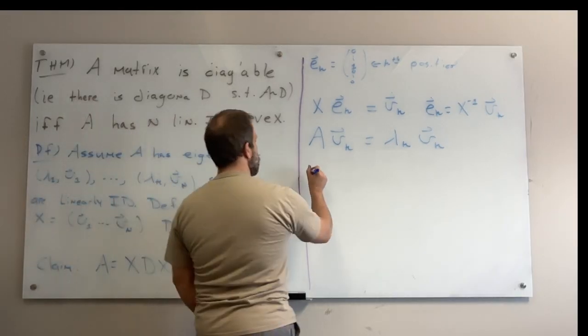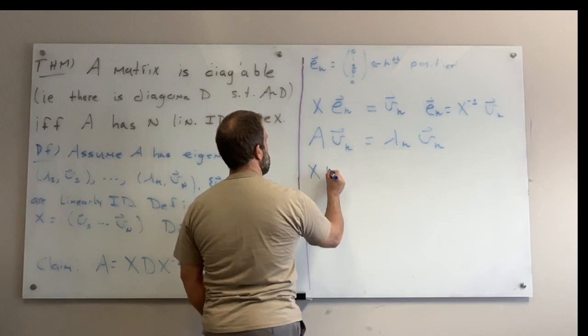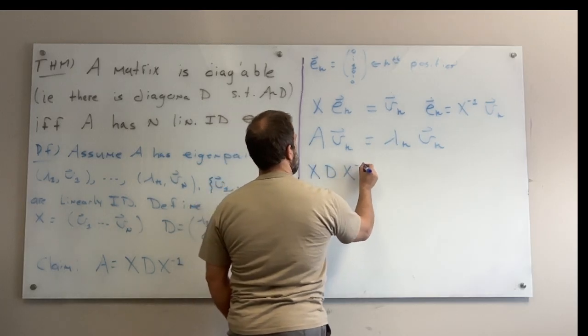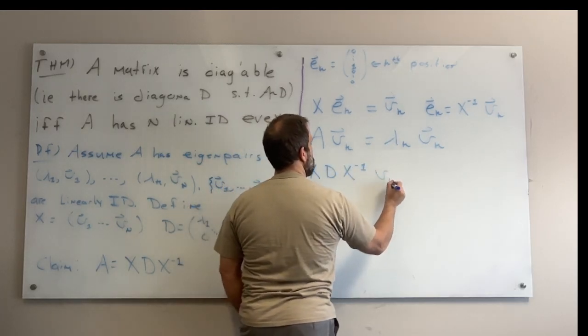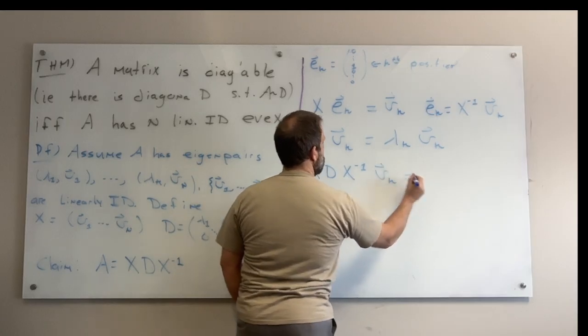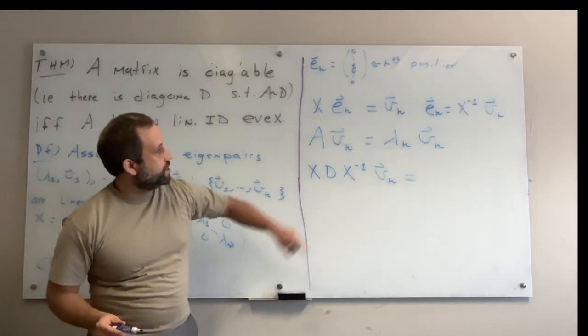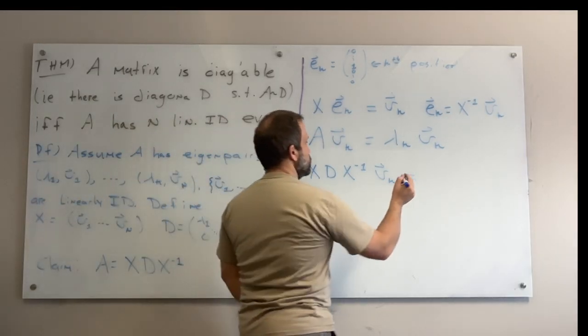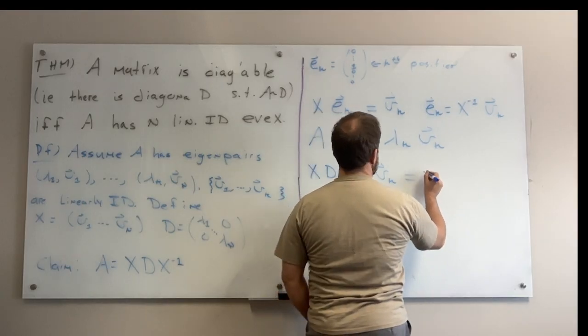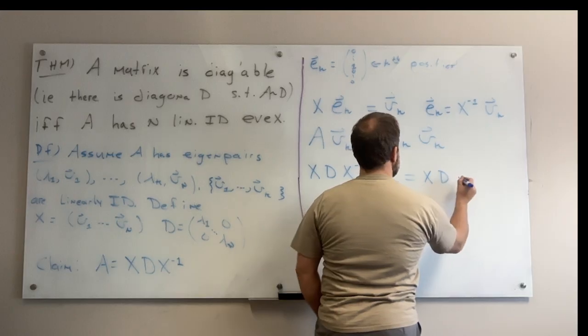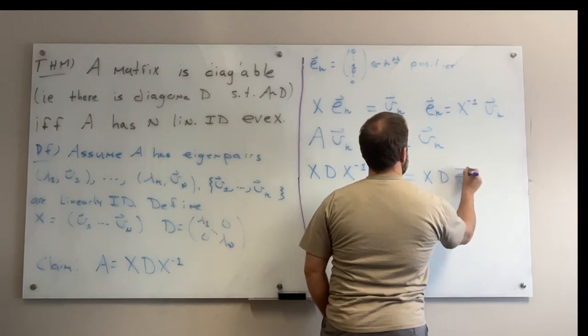Now, on the other hand, if I do X D X inverse times VK, well, what am I going to get? X inverse times VK is just equal to EK. So this is equal to X D times EK.